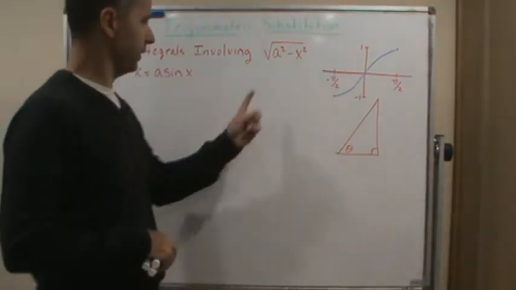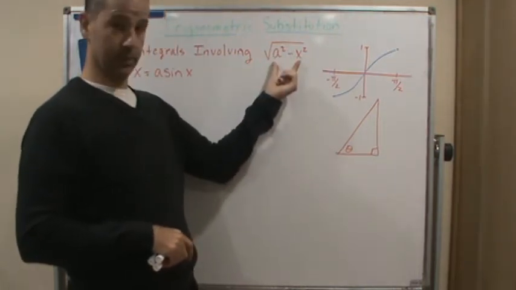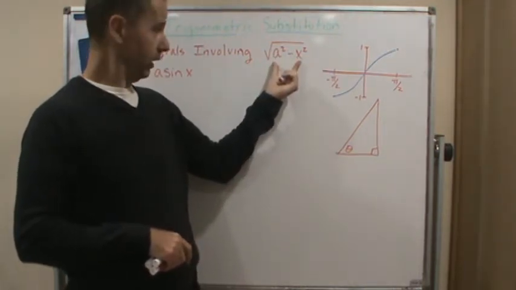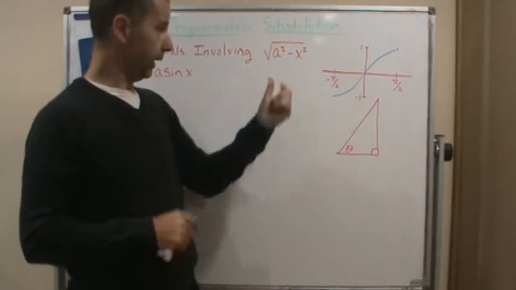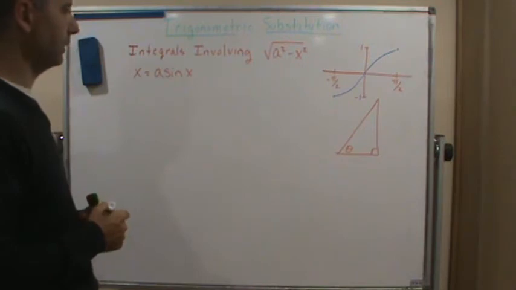Since it's under the radical, we know that x has to be between, or including, -a and a. Again, we're going to assume that a is positive in this case.